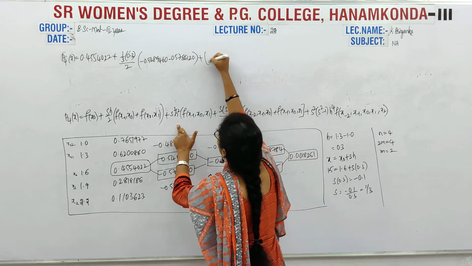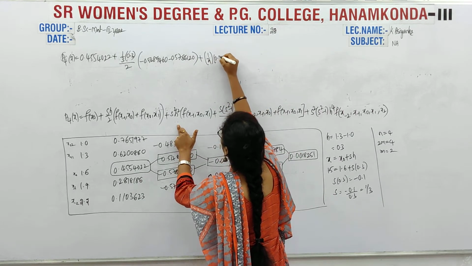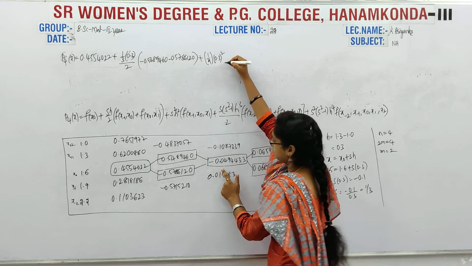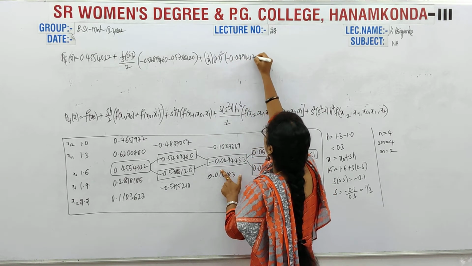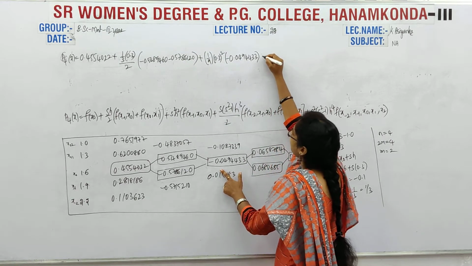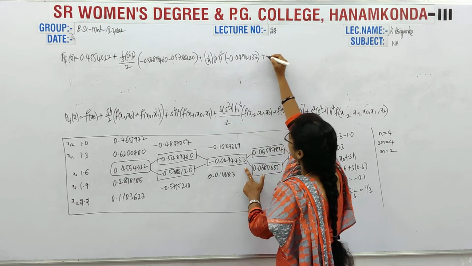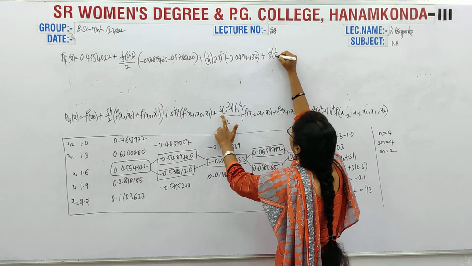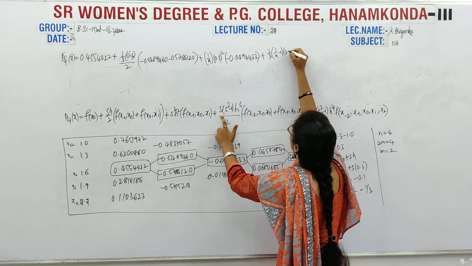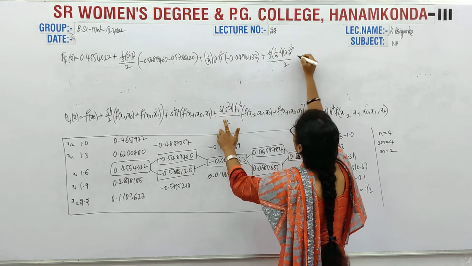Plus s square 1 by 9 into 0.3 whole square plus s into s square 1 by 9 minus 1 into h cube by 2.